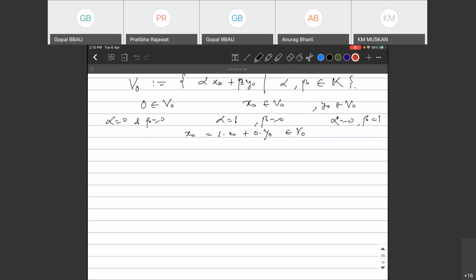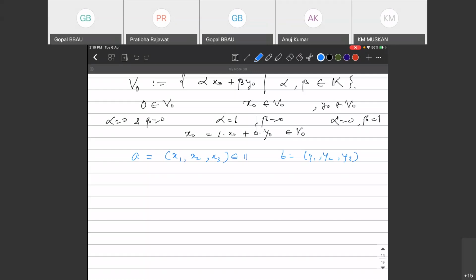Okay, let's see this in R3. What is its geometric representation in R3? So suppose we are in R3. We have 2 points, A equal to x1, x2, x3, and B equal to y1, y2, y3.